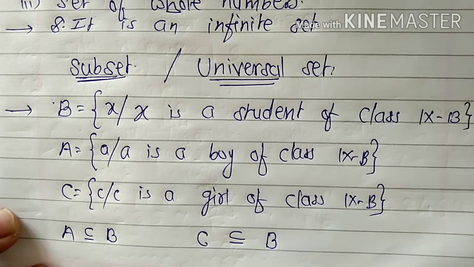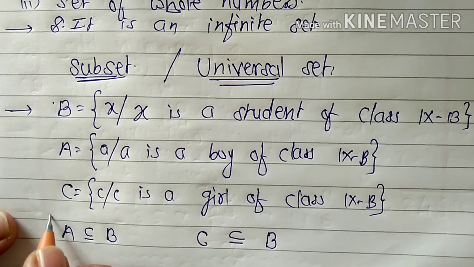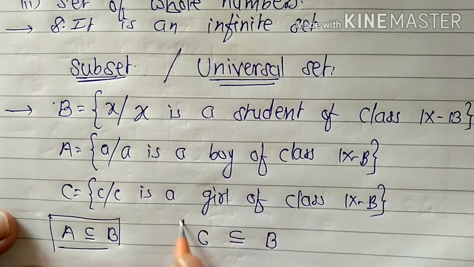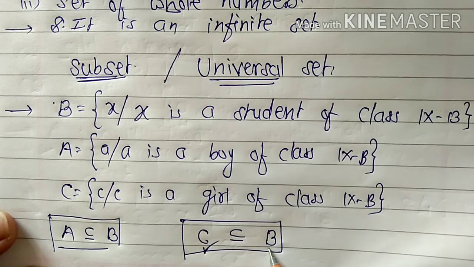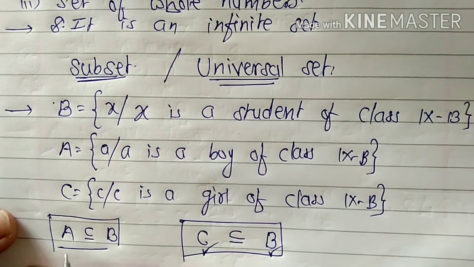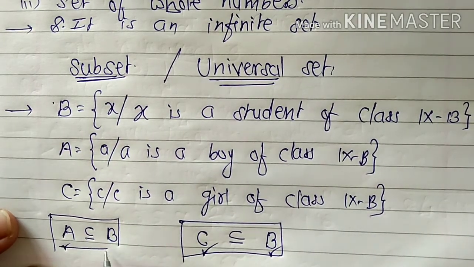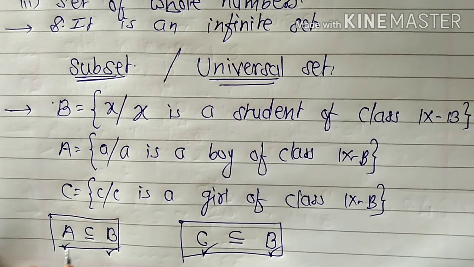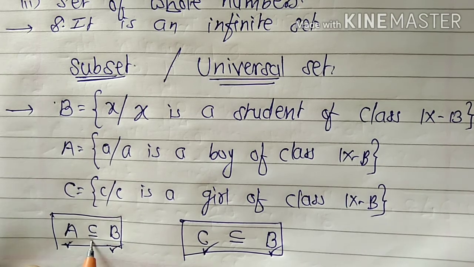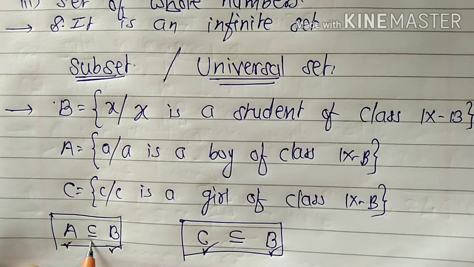Okay, as well as we can write, suppose another set C. In this case, all the elements of set C are also elements of set B. All the elements of set A are also the elements of set B. Therefore, we can say that A is a subset. See how I am writing.